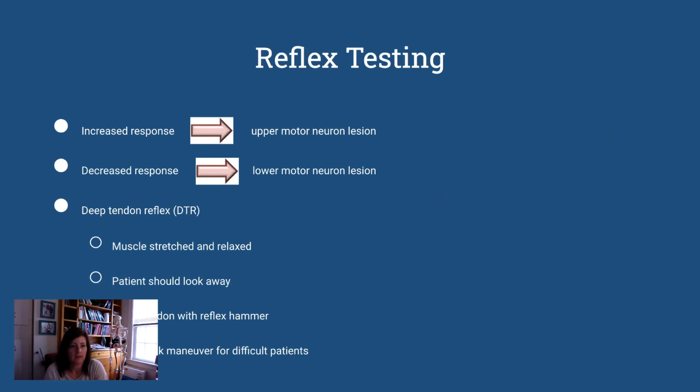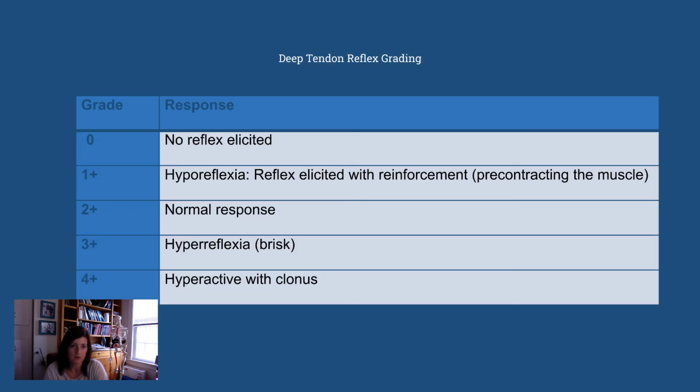So in terms of reflex testing, you are going to need to be able to elicit deep tendon reflexes for the upper and lower extremities with a reflex hammer. It just takes practice to get reflexes, and practice on as many people as you can get your hands on. So if you do see a significant increase in reflexes, here's our grade.